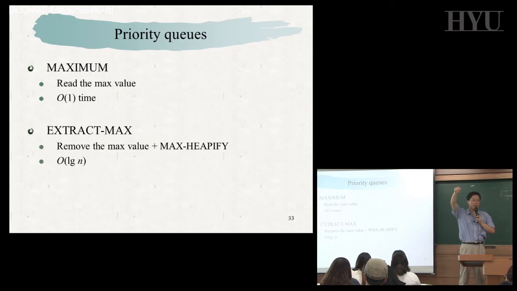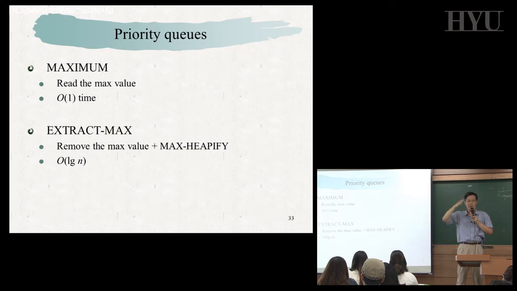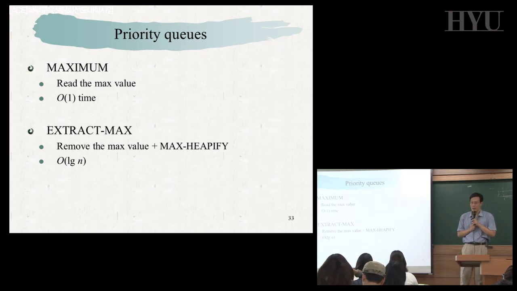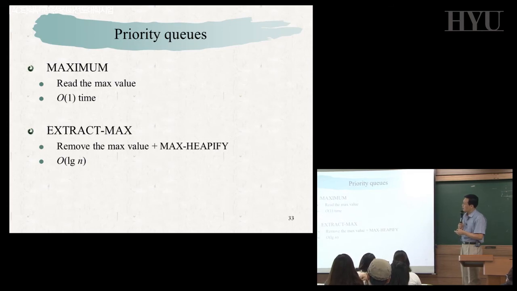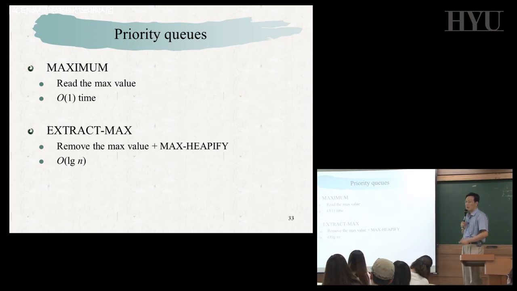Remove the key in the root and readjust the key to make it a heap. And the operation maximum is very simple. We just read the value stored in the root. So it takes constant time.